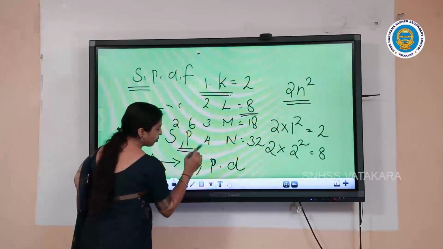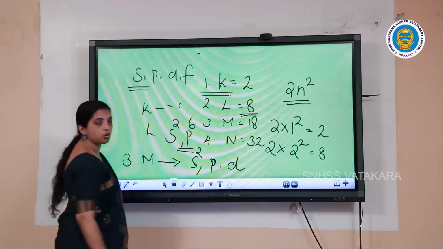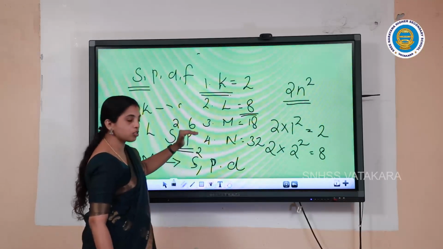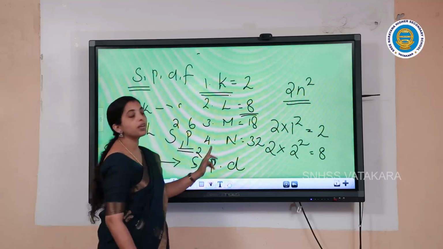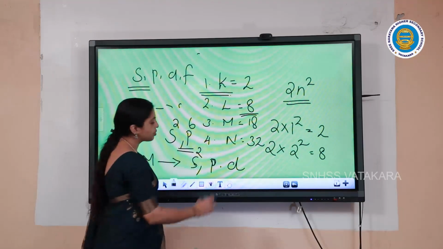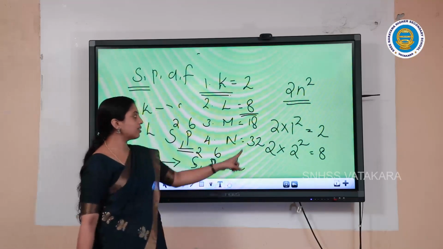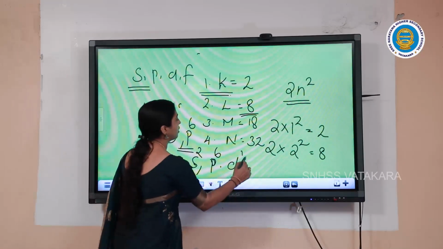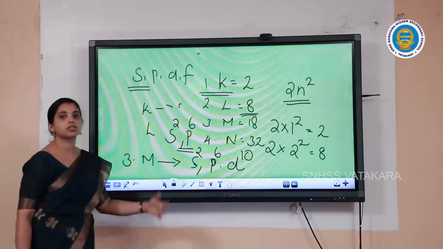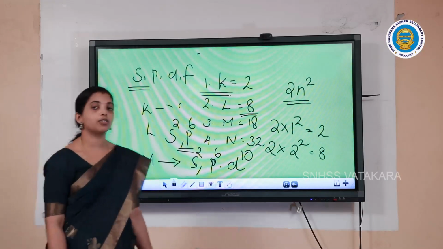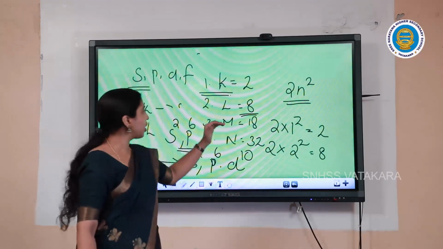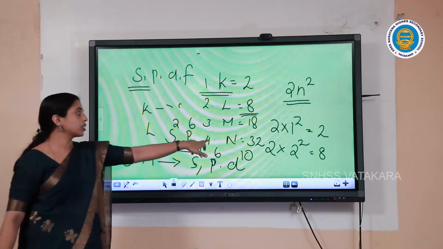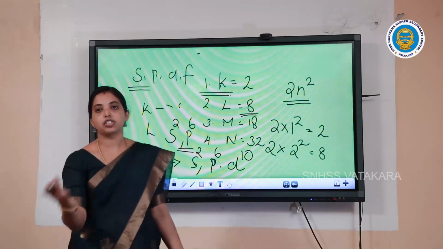S, maximum number of electrons we already discussed, that is 2, written as superscript 2. Then P, how much? 6. Then balance 10. So total number of electrons 18. Very good.